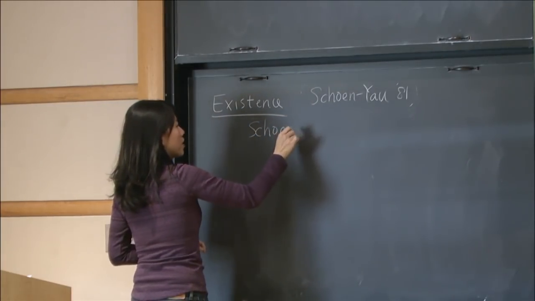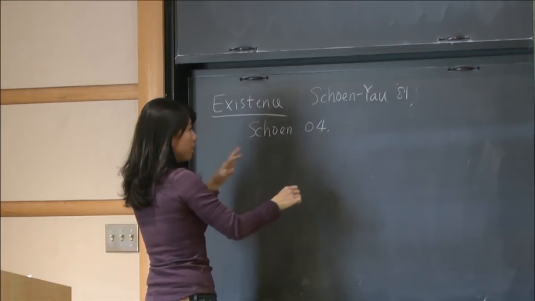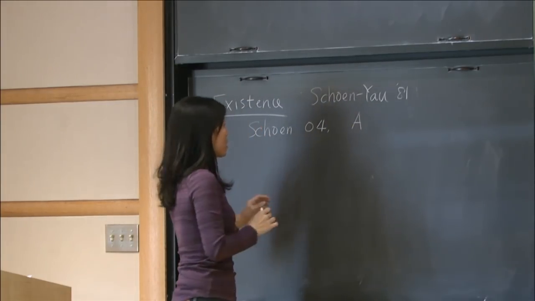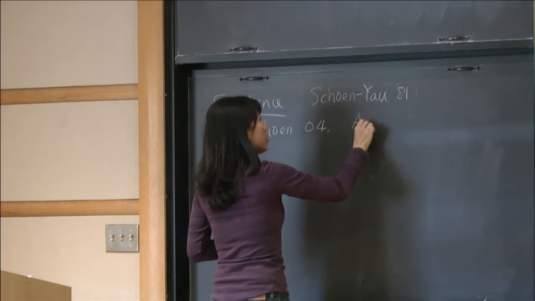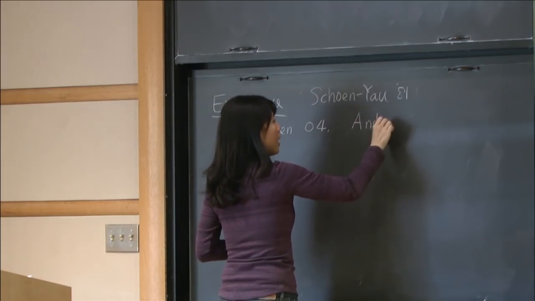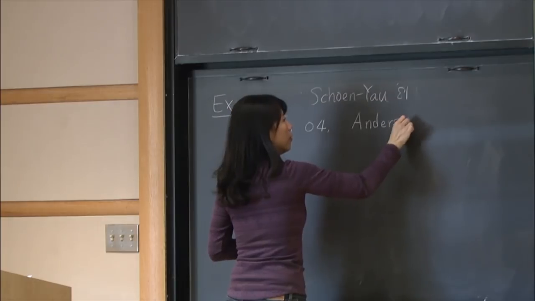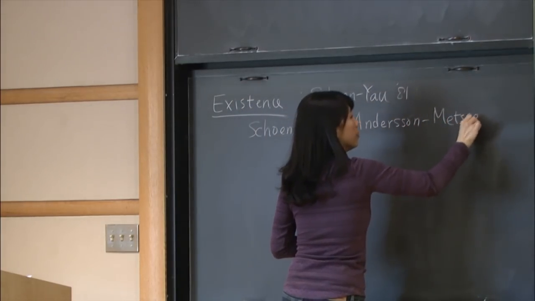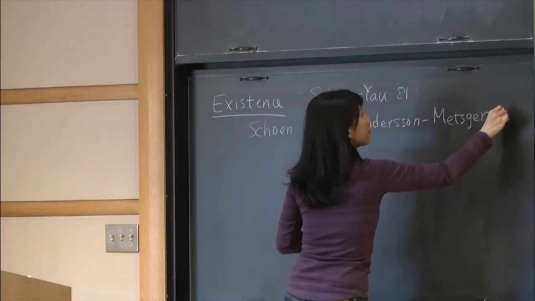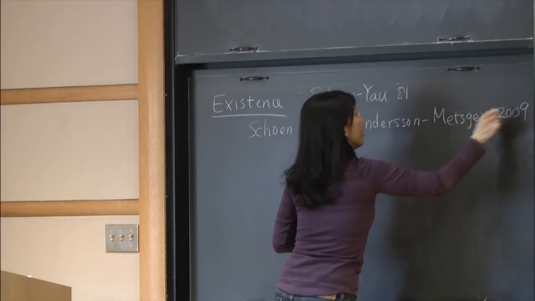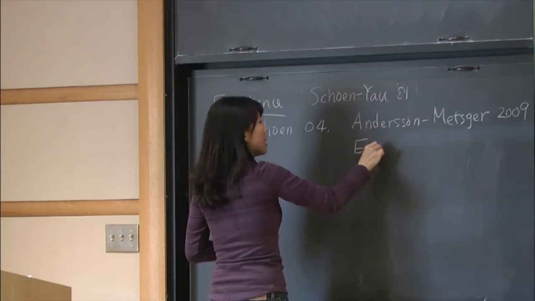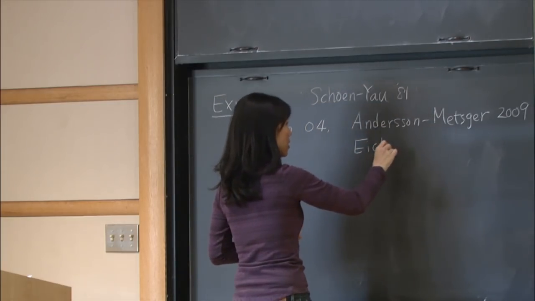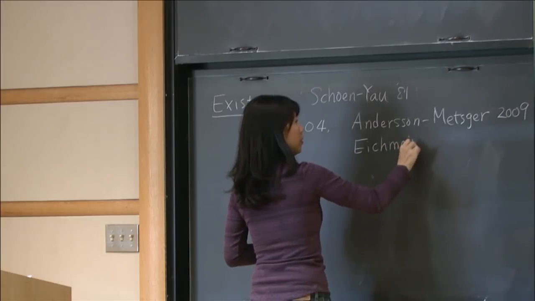There was a proposal by Schoen, and it is quite challenging to really carry out that proposal, which was done by Lars Andersson, and others. And the one we will really use is the existence of Plateau solutions of minimal surfaces, by Eichmair.